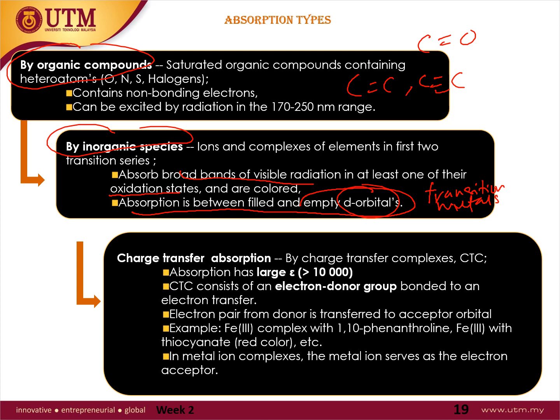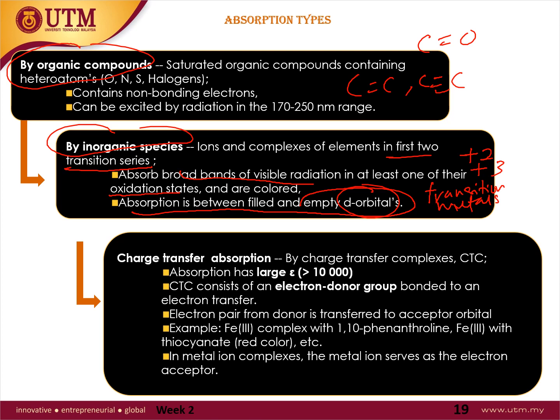Okay, and usually they are colored and contain at least oxidation state number 2 or oxidation state number 3. So you can go and Google up the first two transition series, such as chromium, manganese, okay, and so on, they can absorb in the UV visible region.